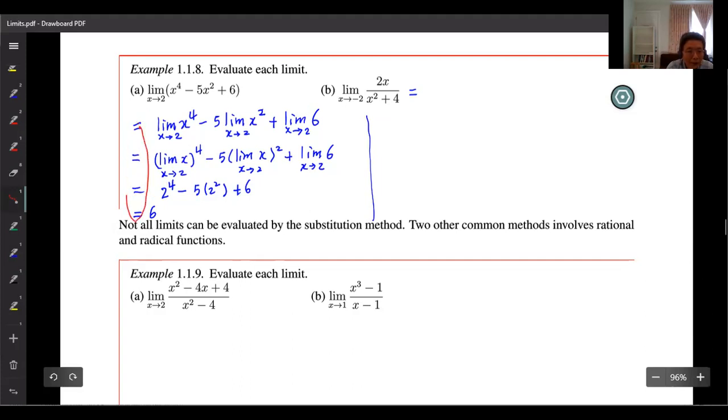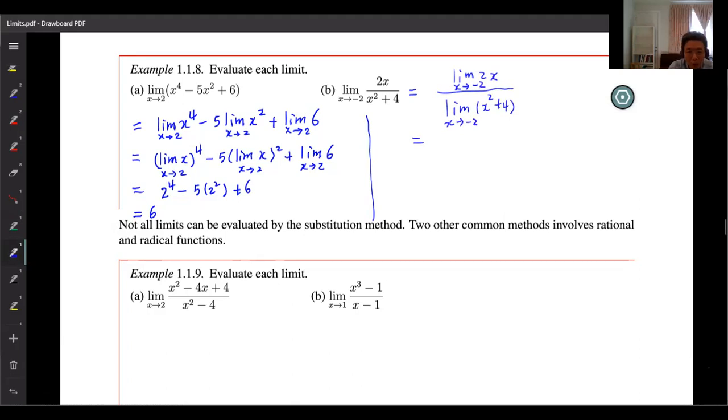Well, let's try this one. So this one we can take the limit of the numerator and the denominator, the quotient rule. For each numerator and denominator, we can use other rules. So I think now we can plug in, because we already know in part A how to do this. Here we just simply plug in.